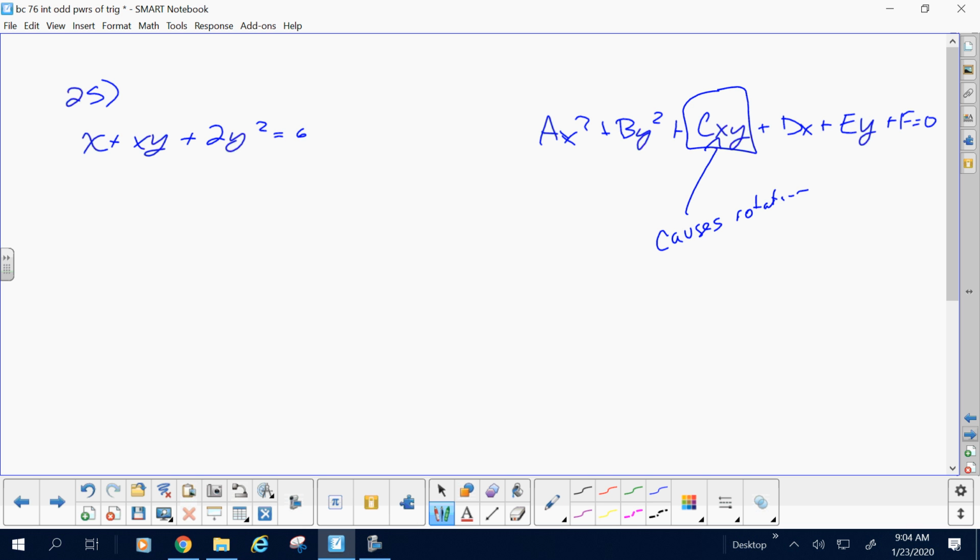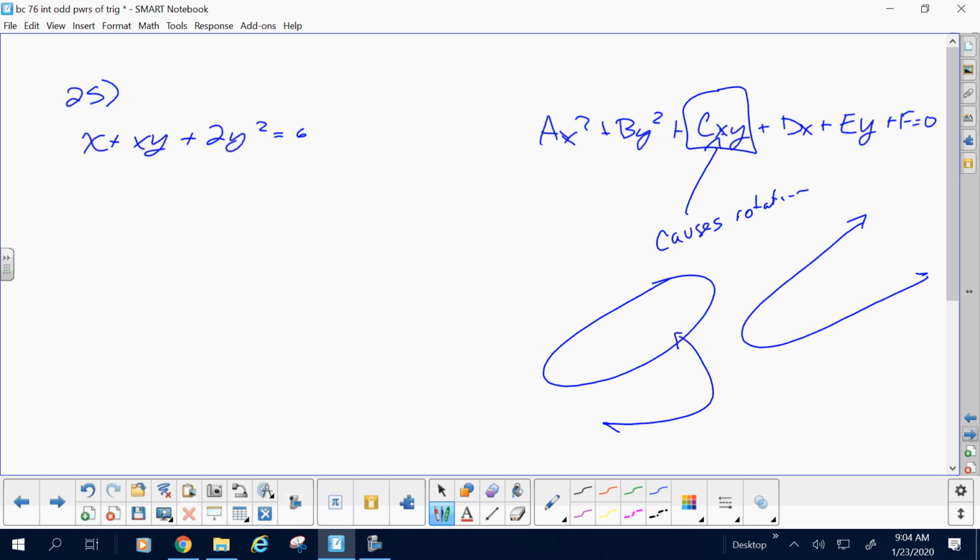An XY in the mix might cause an ellipse to open this way, or a parabola or a hyperbola to open at an angle. It's hard to graph those because they're non-functions, I think you'll agree.